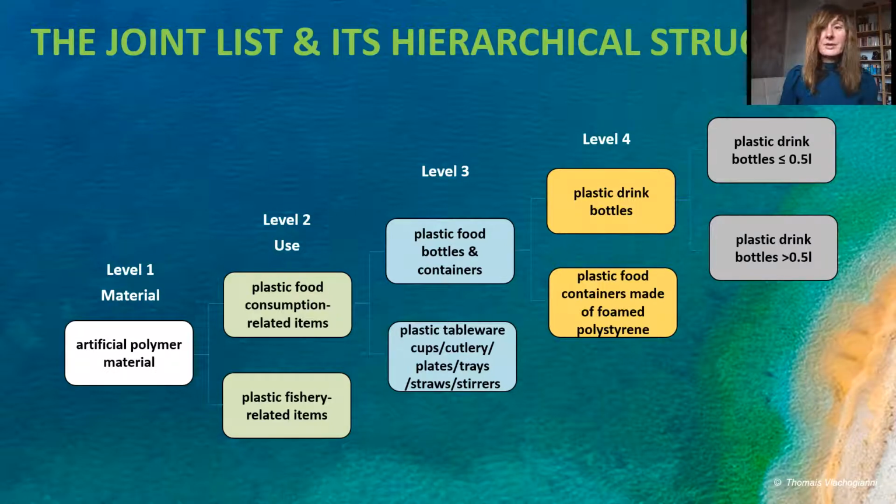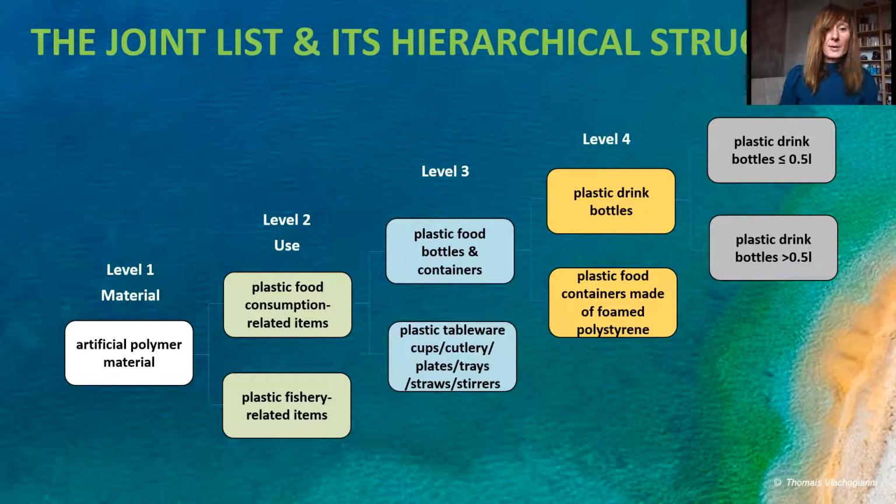So, what does the hierarchical structure look like? First of all, at the first level, we have the classification of litter items per material type. So, for example, we have artificial polymer materials, we have wooden processed materials made of processed wood, we have materials made from carton and paper, and from glass and ceramics.